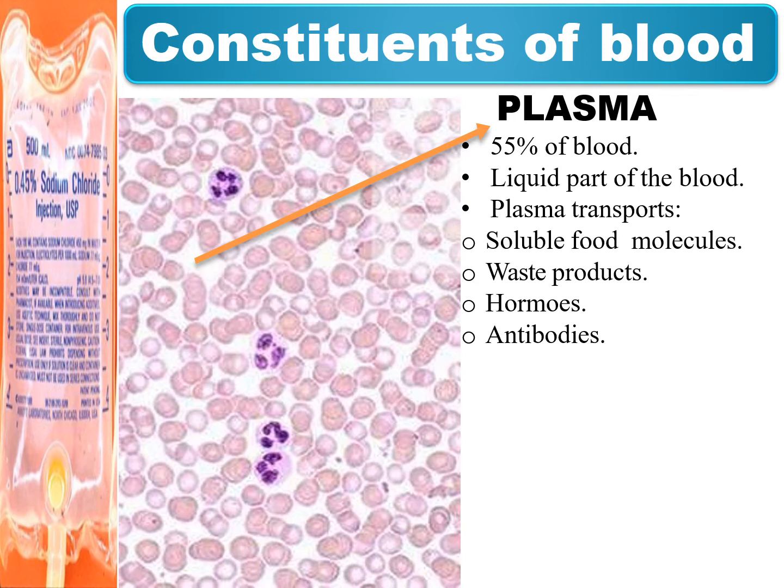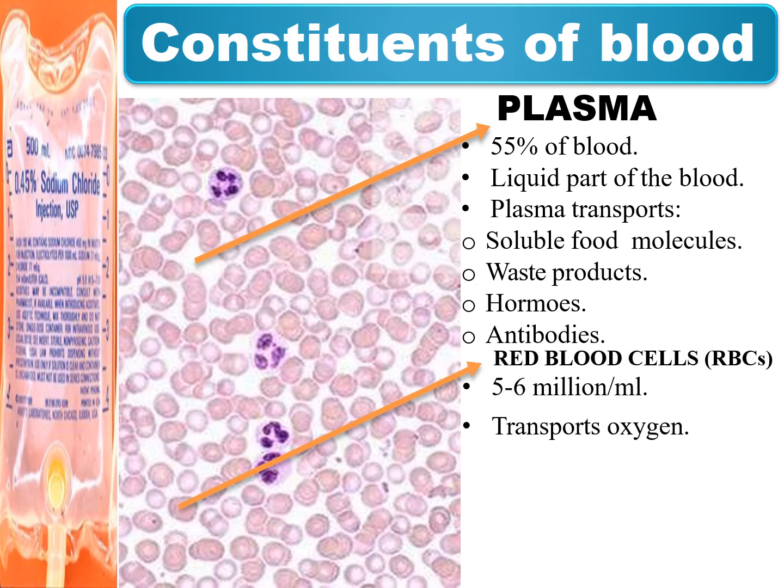The second constituent of the blood is the RBC, red blood cells. The red blood cells provide the main oxygen carrying capacity, and 5 to 6 million per ml are present in our blood, and the main function of RBC is to transport oxygen.